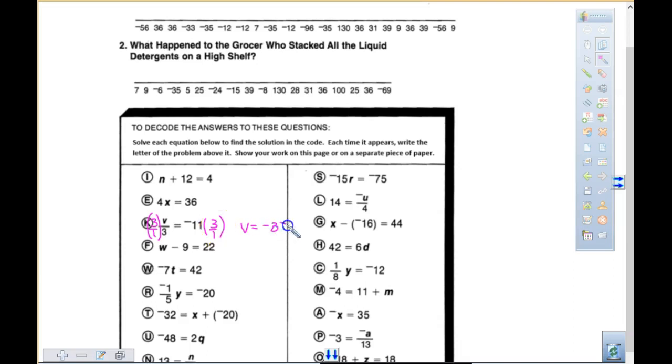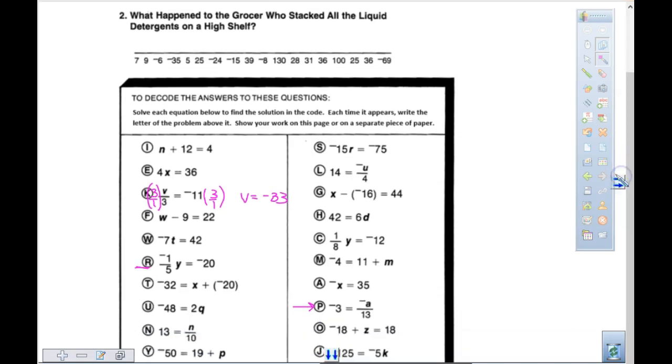Now, here is this letter R, this letter P, where people start making mistakes. If I look at letter P, if I look at letter L, what is the operation in the problem? The operation in both L and P is division.